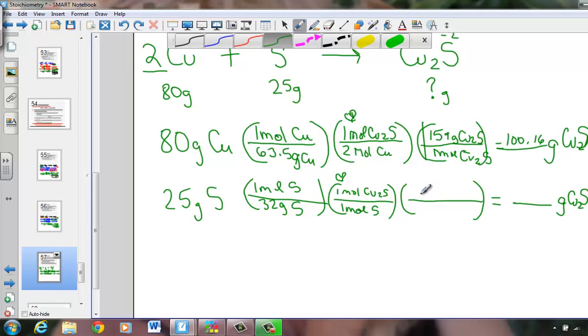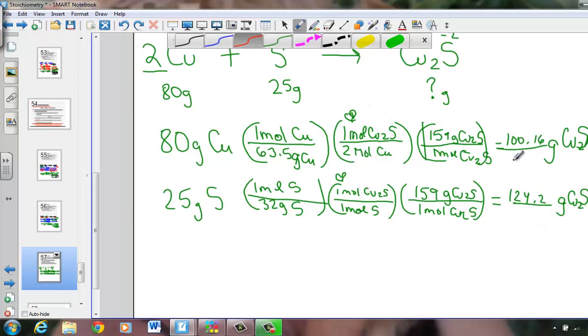We already calculated it: 159 is the molar mass of Cu2S set over 1 mole of Cu2S. So we'll take 25, divide by 32, times 1 over 1, times 159, and I see that answer is 124.2.